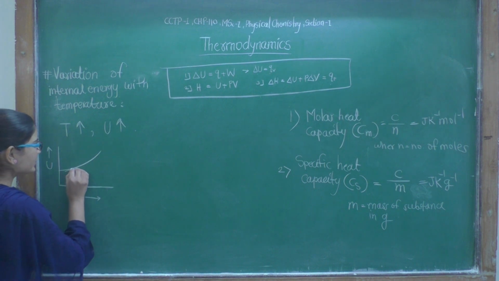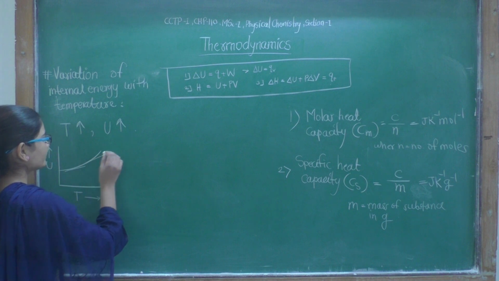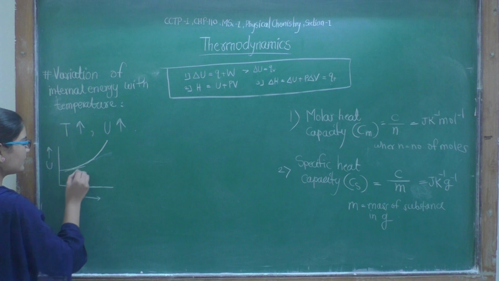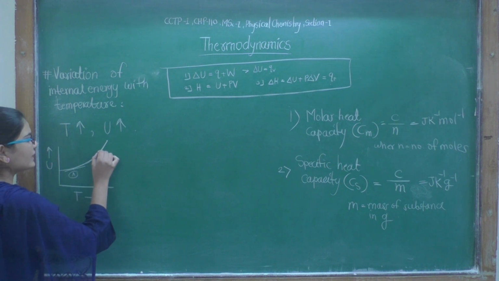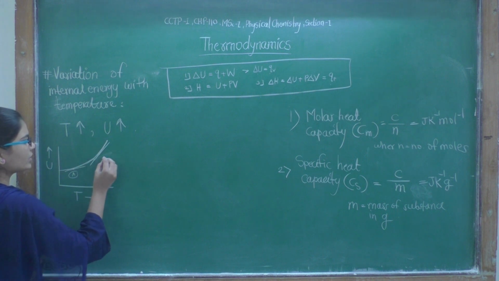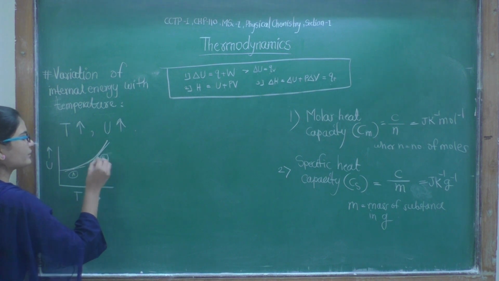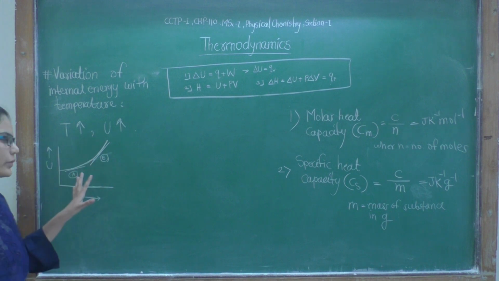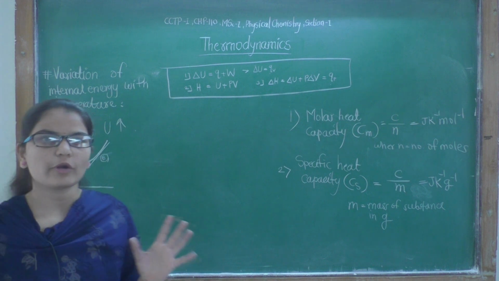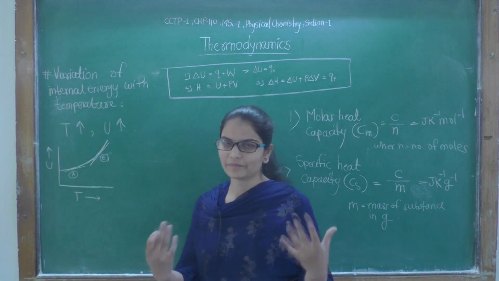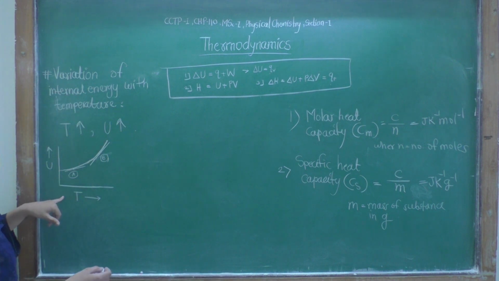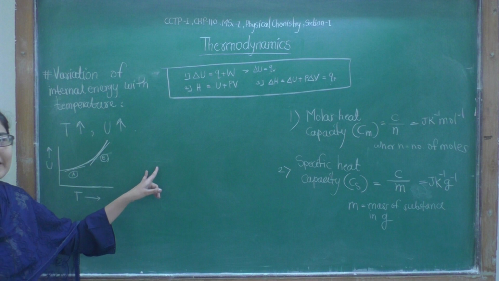If we have tangents to that curve, let's say here point A and here point B. These are two tangents, that is, at different temperatures we have tangents to this curve. What will we get? See, the slope of this tangent will be equal to the heat capacity.